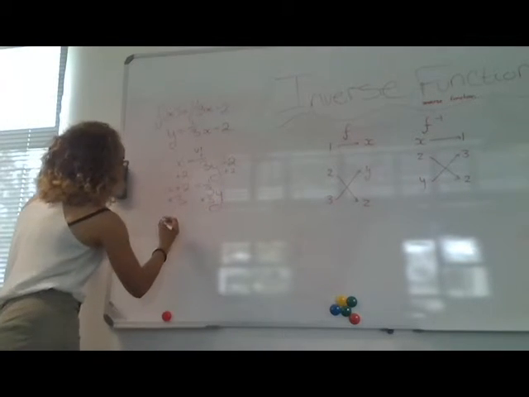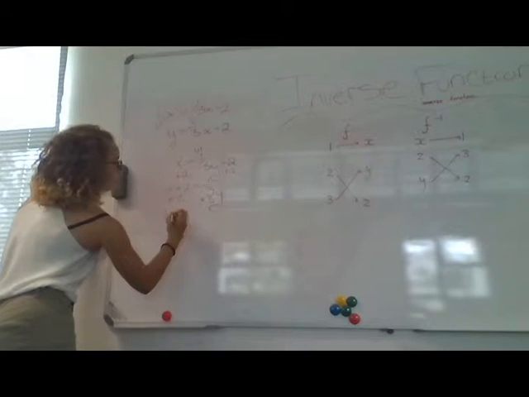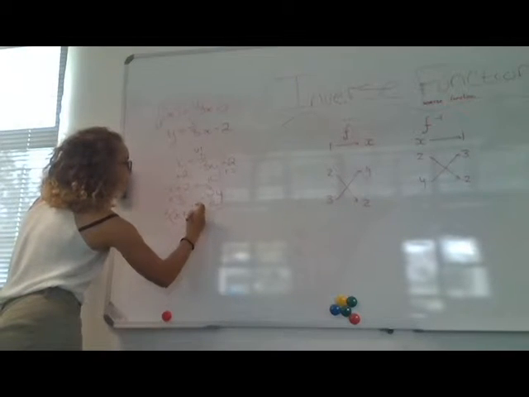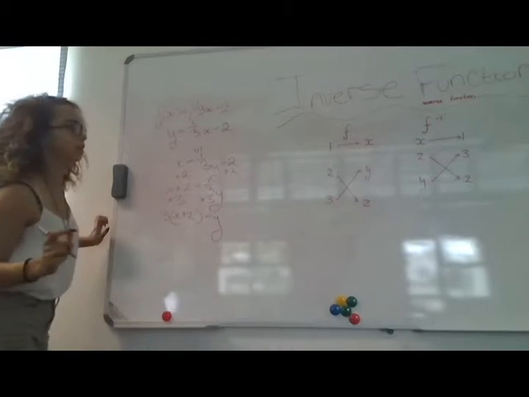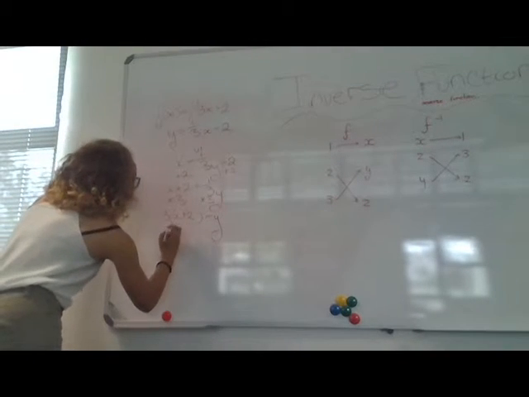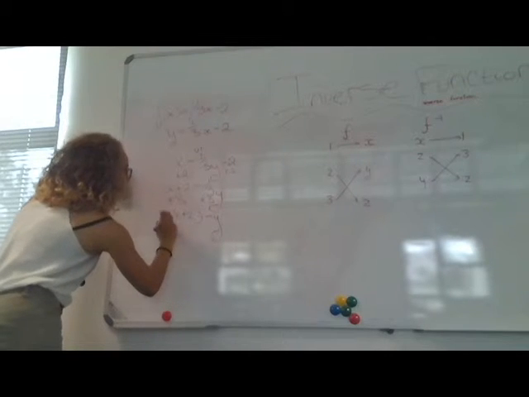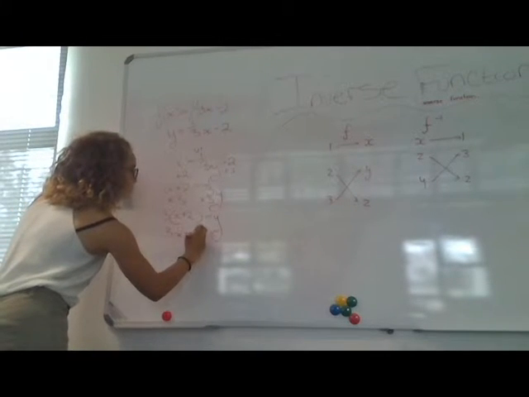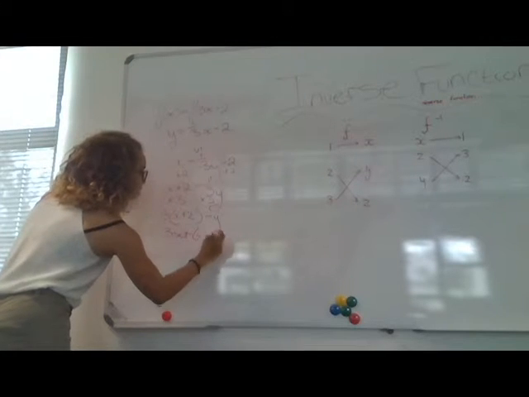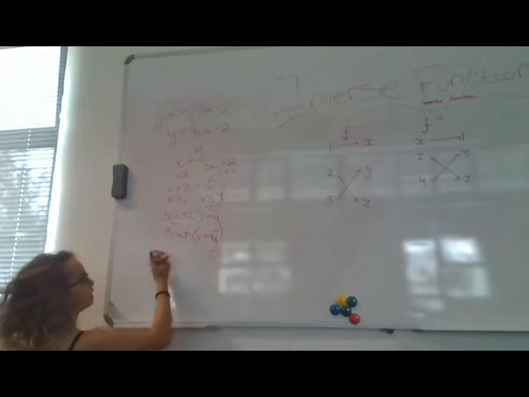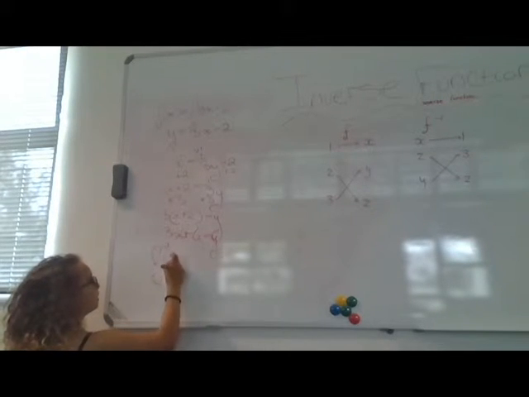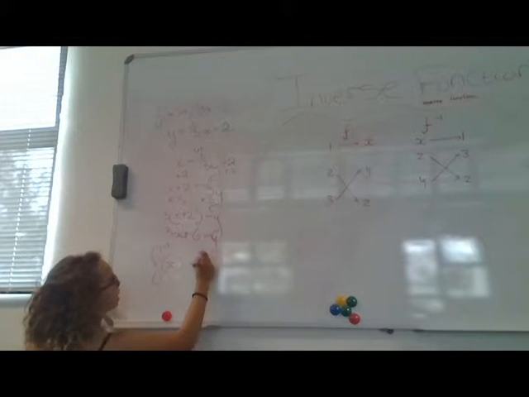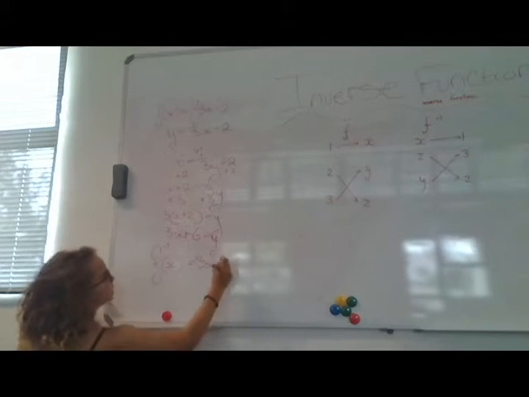So this becomes 3 times (x plus 2), which is equal to y, completely on its own. 3 times x is 3x. 3 times 2 is 6, which is equal to y. Just swap it around. You can leave it like this, but swap it around to finish the function. We do f minus 1 of x is equal to 3x plus 6.